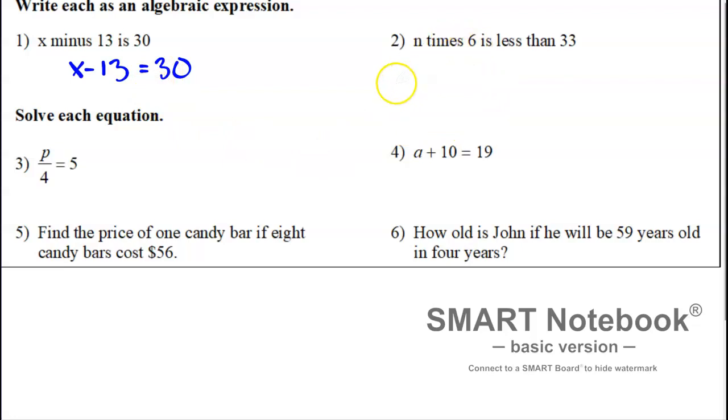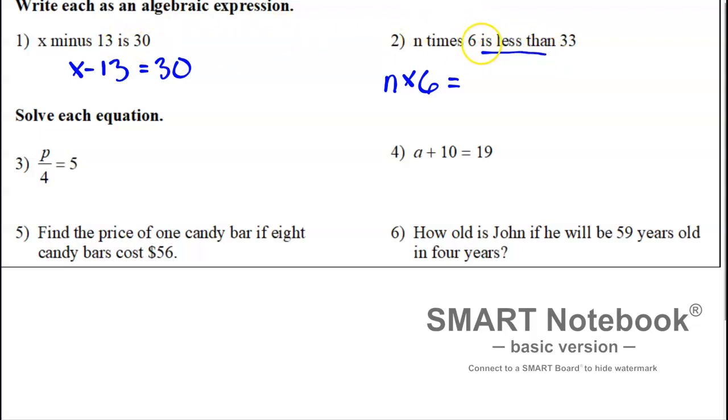N times 6 is, okay, this part is an algebraic expression. Now it's an algebraic equation: is less than 33, okay? So is less than, so now I have to read that together.